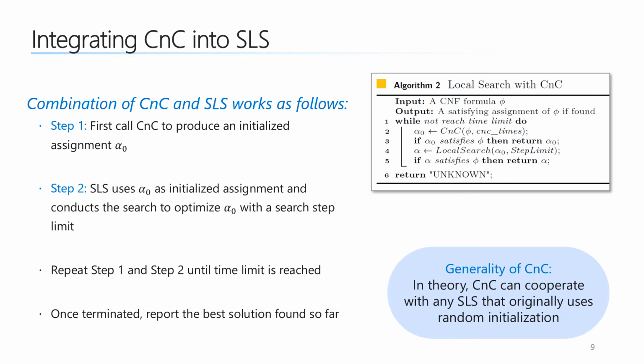In step 2, SLS uses alpha 0 as its initialized assignment and conducts the search to optimize alpha 0 with a search step limit. Then, the framework repeats step 1 and step 2 until the time limit is reached. Once terminated, the framework reports the best solution found so far. Actually, our CnC method is a general method, since in theory, it can cooperate with any SLS that originally used random initialization.